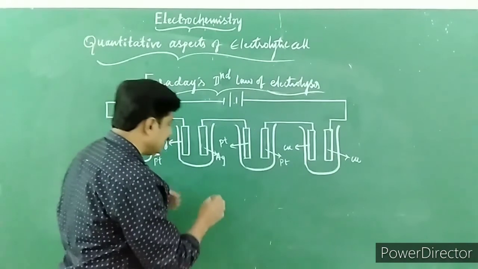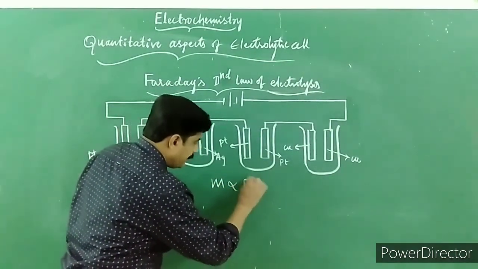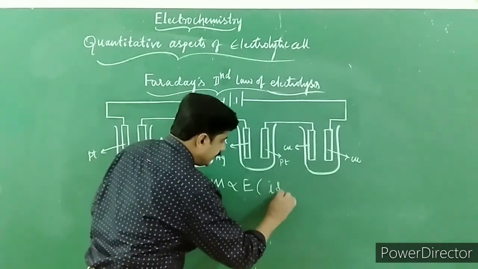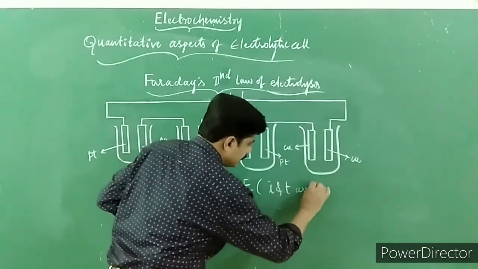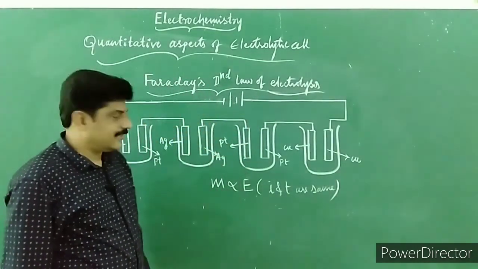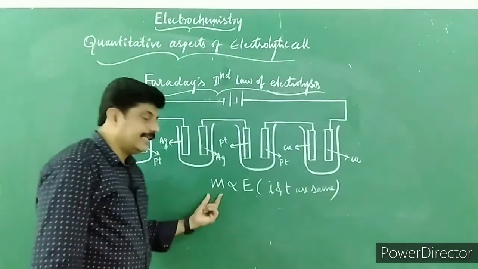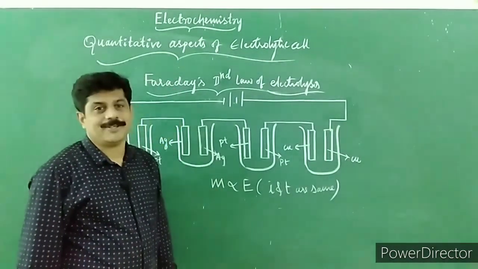Let me put that in the form of a mathematical expression. M is directly proportional to E, provided I and T are the same. Children, where E is nothing but equivalent weight and M is nothing but mass of the substance electrolyzed.